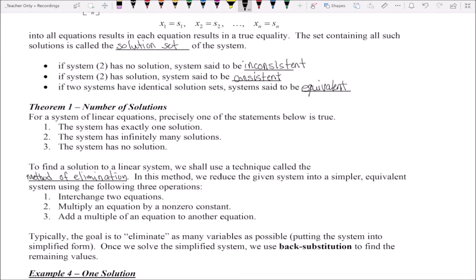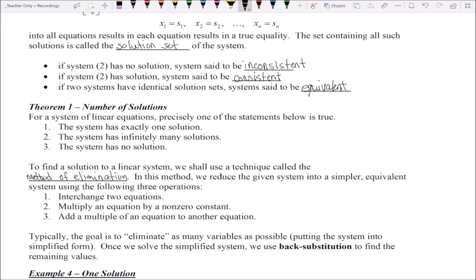Typically, in the method of elimination, the goal is to eliminate as many variables, as many unknowns as possible. This puts the system into a simplified form. Once we solve this simplified system, we then use back substitution to find the remaining unknowns.